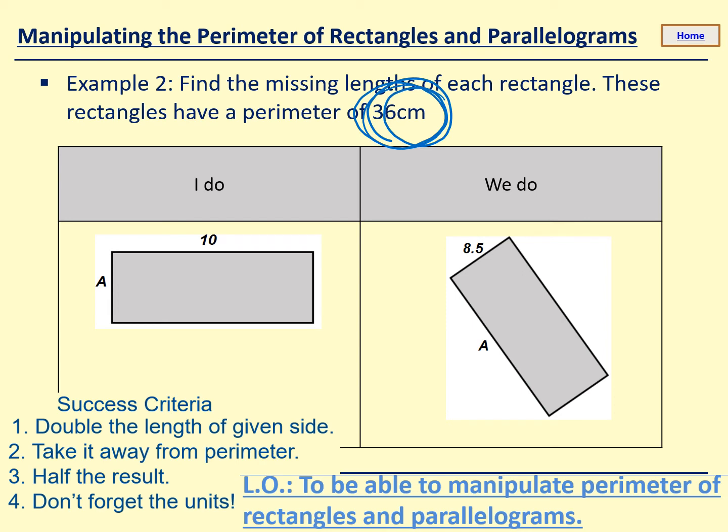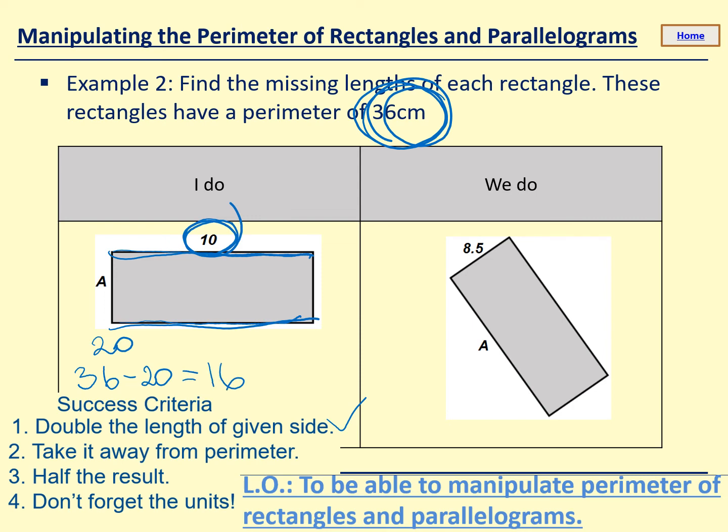Okay, double the length of given side. My given side is 10 centimeters, so I double that to have a length of these two sides. So 2 times 10 is 20. Done. Take it away from perimeter. Perimeter is 36. 16.